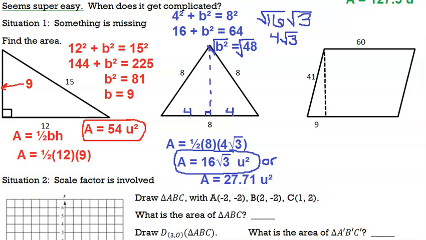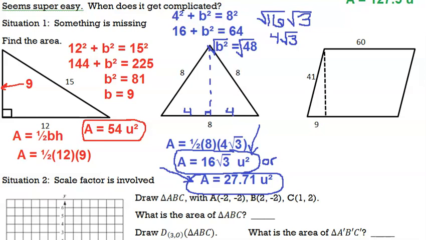Either one. Those are both correct answers. It really is just a matter of how you want to name it. So again, you've got simplest radical form, and you've got rounded to 2 decimal places. You need to just be aware of what they're looking for.